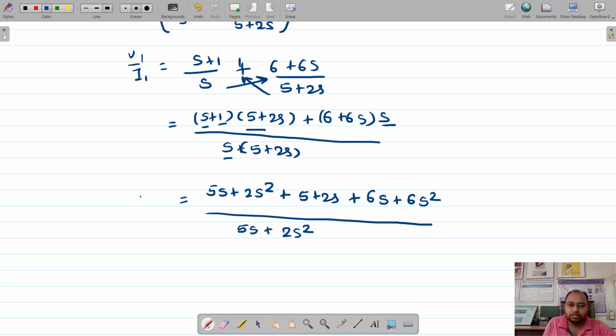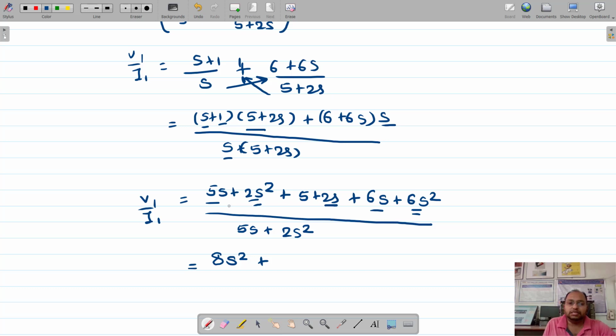So this is nothing but your V1 divided by I1, but what is our y11? It is nothing but reciprocal of this. First we'll simplify this and then we'll perform the reciprocal. So this 2s square plus 6s square is going to become 8s square plus, what about this 2s, 6s and 5s?